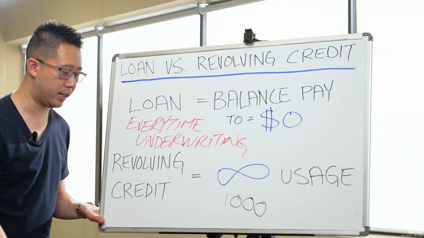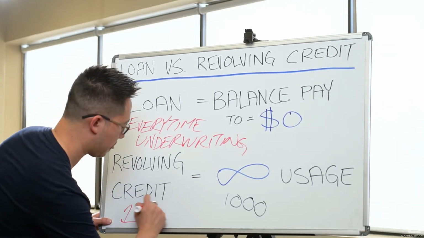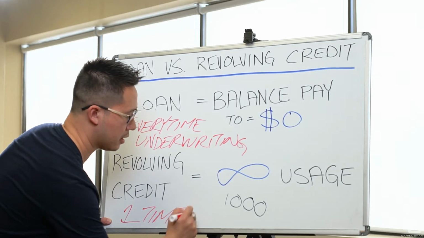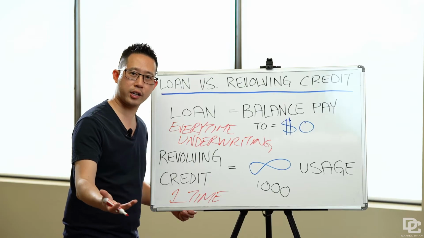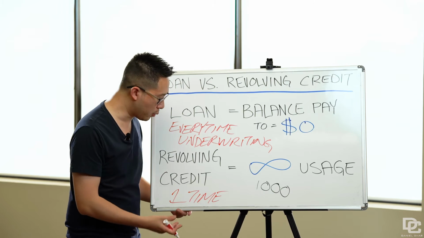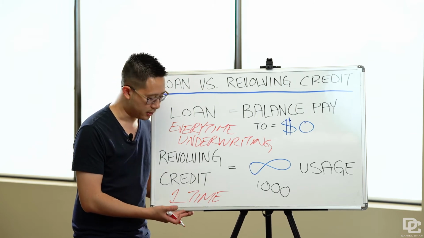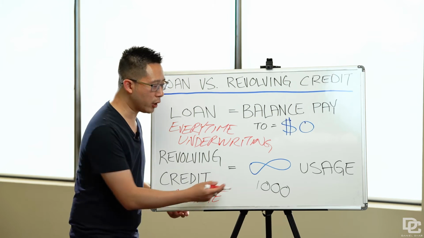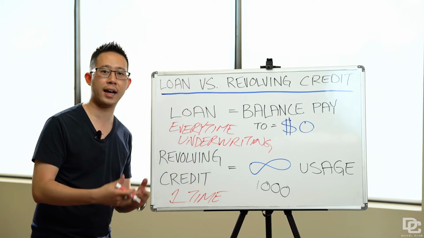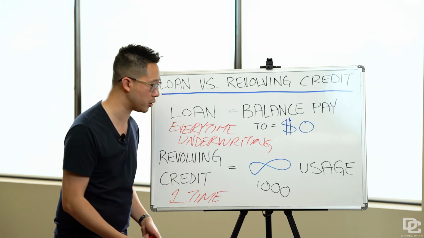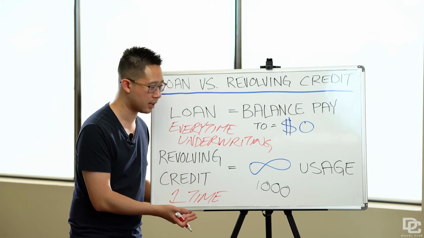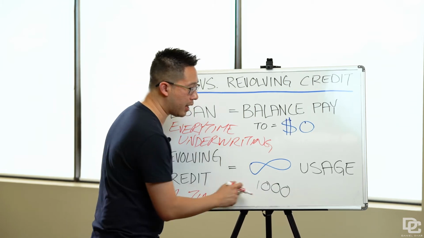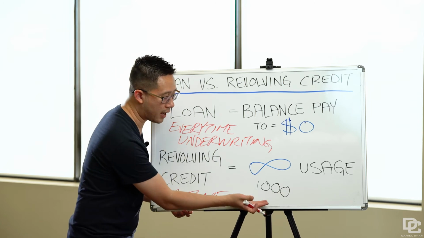With revolving credit, it's one time. So the credit card you have in your pocket right now, when you applied for that, you were underwritten by the bank to see if you can qualify for that credit limit. Once you qualified, every purchase you made, you didn't have to go and ask the bank if you were able to make that purchase. So it was a one-time underwriting guideline for infinite amounts of purchases under that limit.